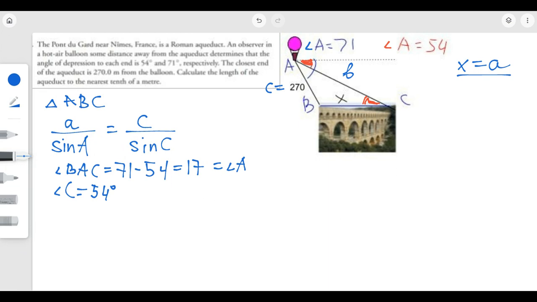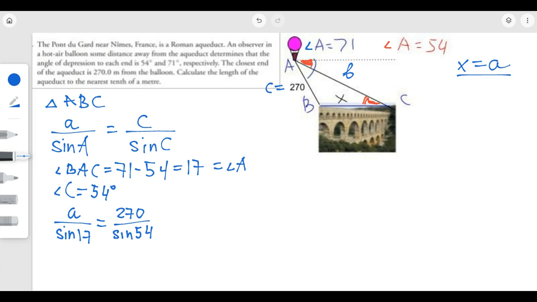So a, which is unknown, which we are looking for, will stay unknown. Instead of sine of angle A, we are going to write sine 17 degrees. On the right side of the equation, side c is 270 over sine of the opposite angle, which we found, which is 54 degrees.